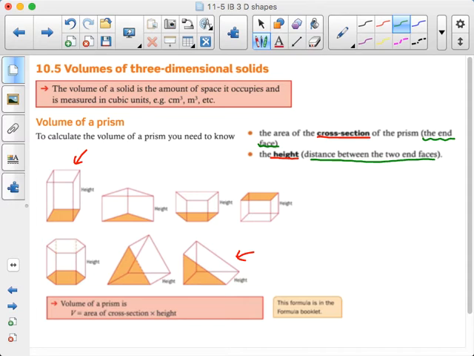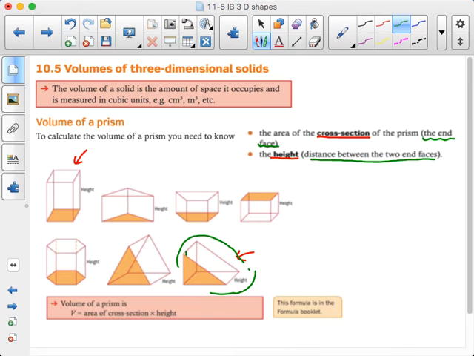So when you look at, for example, this one right here, you should not think to yourself, oh, the end face here is the rectangle. It is not the rectangle, because this shape is not the same rectangle size all the way through.